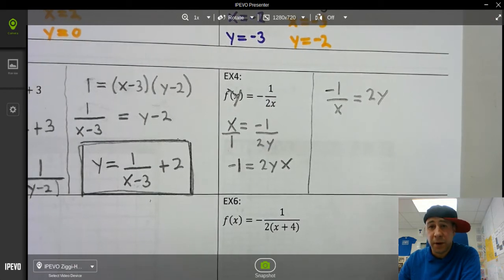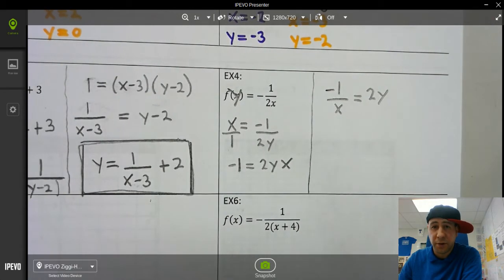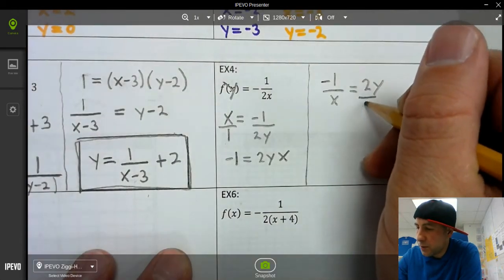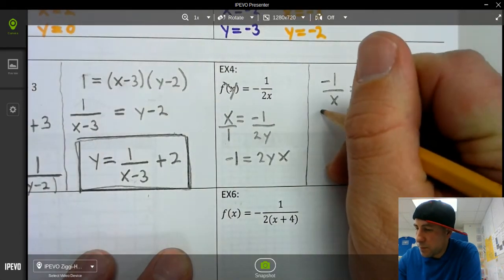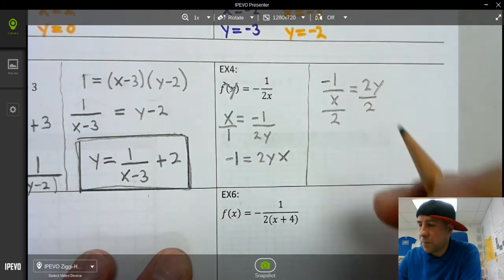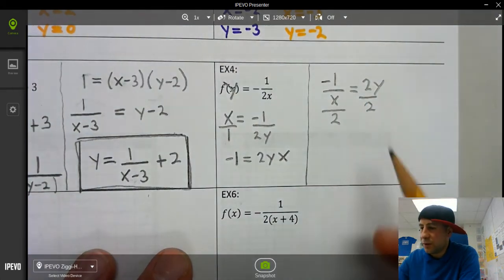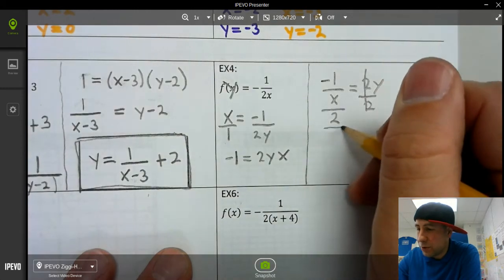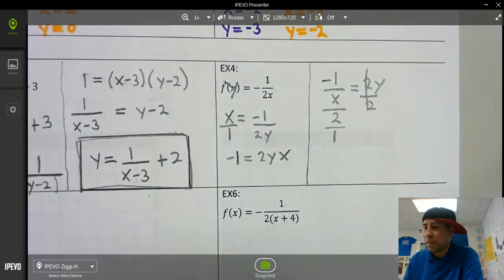And then this is where you hold your breath, because this is going to be crazy. Okay, then we're going to divide both sides by 2. Well, anything divided by itself is 1, but here's the thing. Technically, that's actually divided by 2 over 1. Now, when you divide fractions, you flip the denominator and multiply.